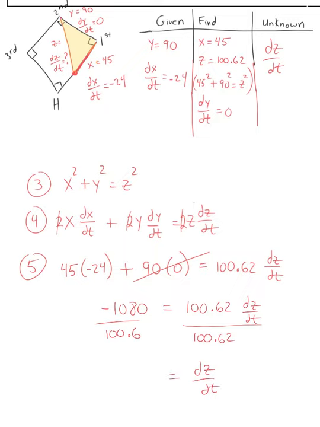Negative 1080 divided by 100.62 is negative 10.73. That is a rate, so it needs a fraction for units. It is feet per second, and it is a negative derivative, so we know that this distance here is decreasing. As he runs towards first base, his distance from second base is decreasing. All right, there's the baseball problem. Thanks, calculus.